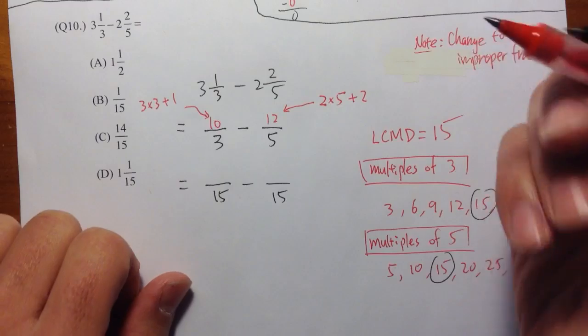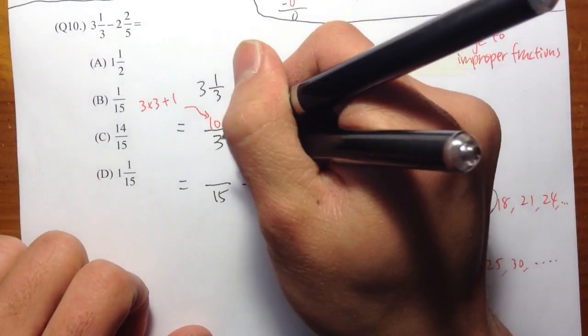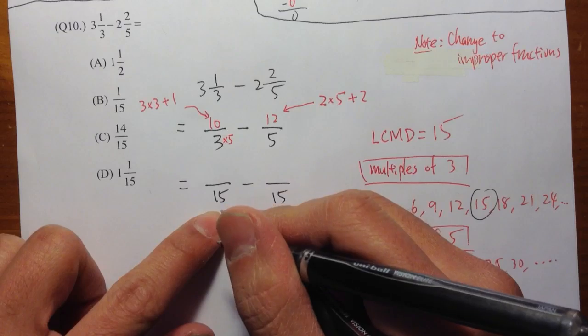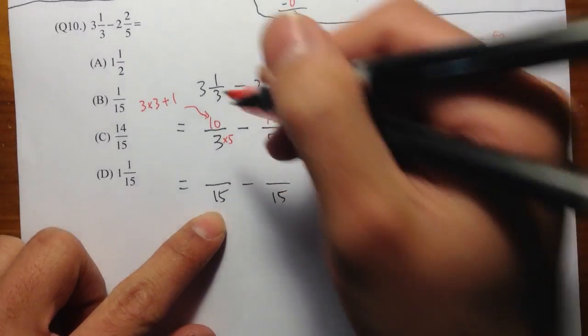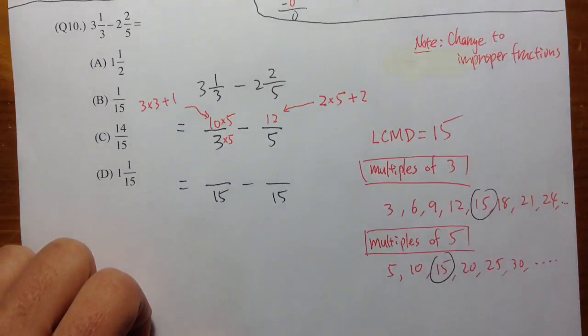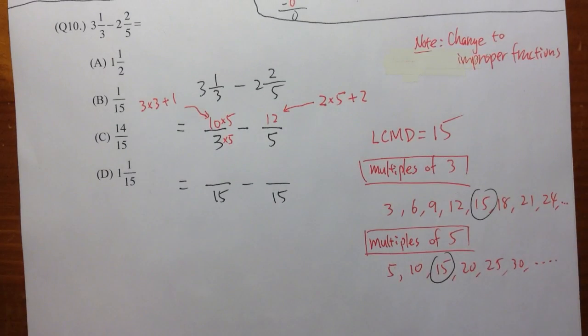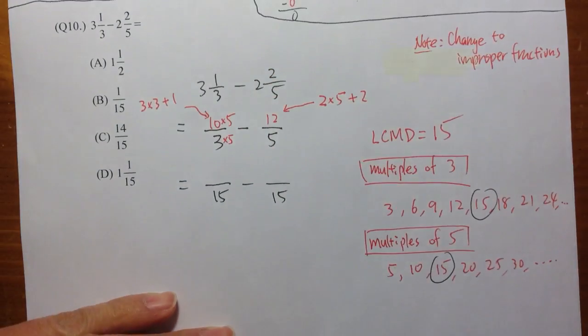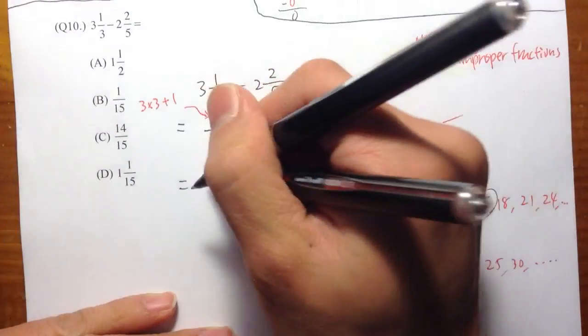Well, 3 times 5 is 15. Let me make a note. 3 times 5 gives you 15. Right? And we're going to multiply the 10 by the 5 as well. We want to multiply the numerator by 5 as well. So you are doing the same operation to the top and the bottom. 10 times 5 is 50.